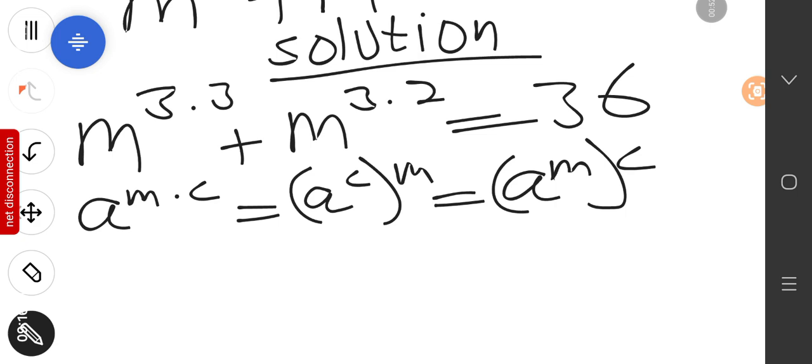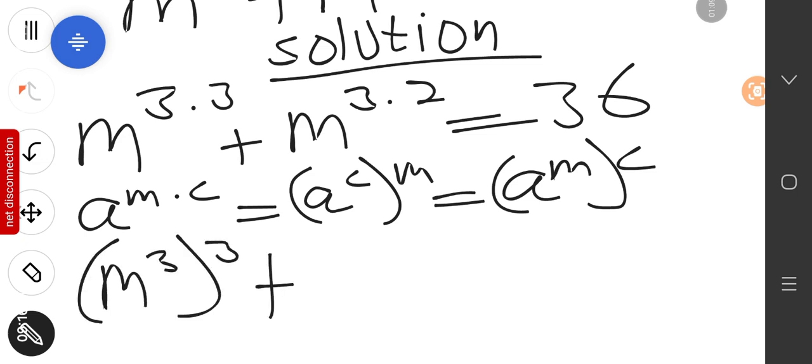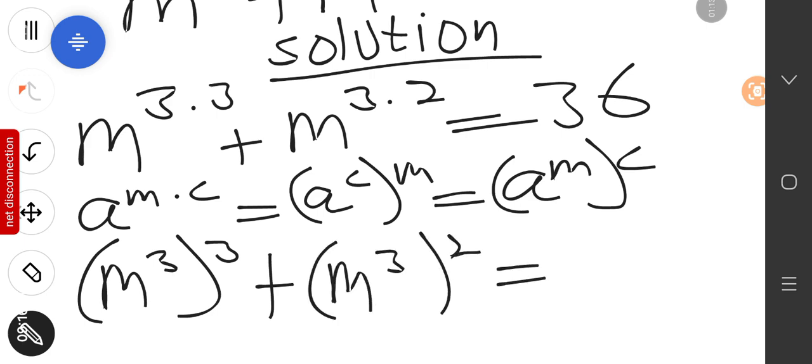So the exponents are interchangeable. So we are going to have m cubed exponent 3 plus m cubed exponent 2 equals 36.